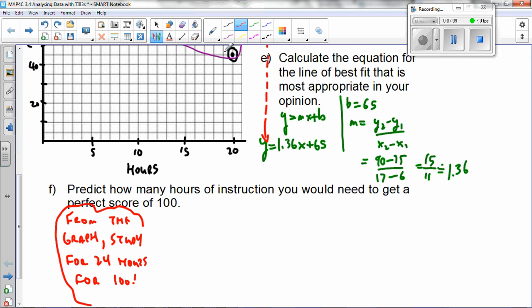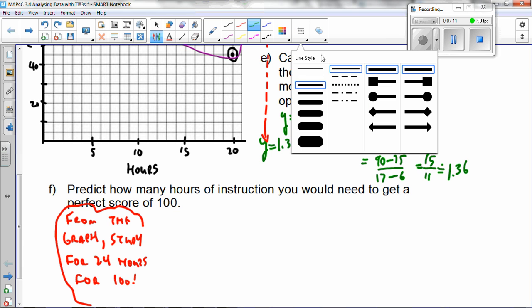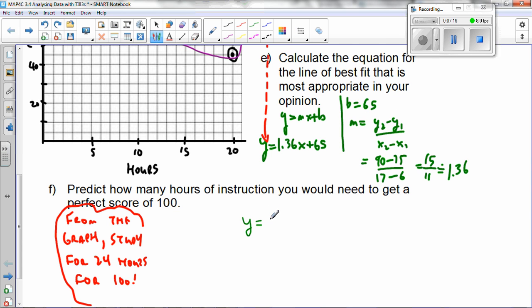We like doing it using some math, right? Graph is math, but some algebra. We have our equation, and we want to know when the mark, the y value, the dependent variable, is 100.